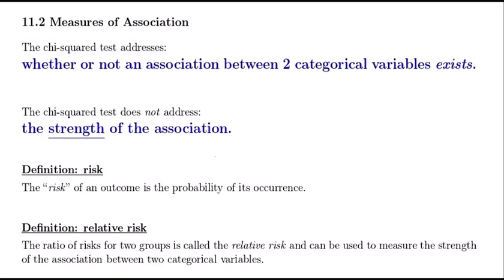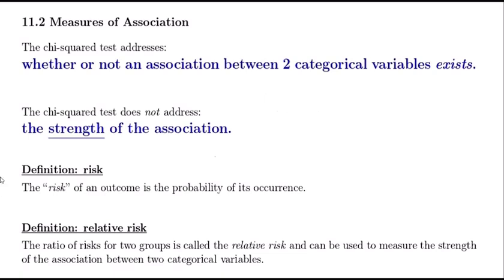I want to welcome you to the measures of association. What a chi-square test does is to address whether or not an association between two categorical variables exists.